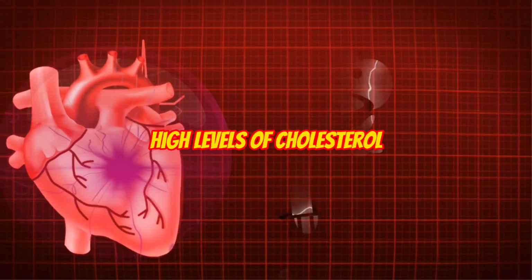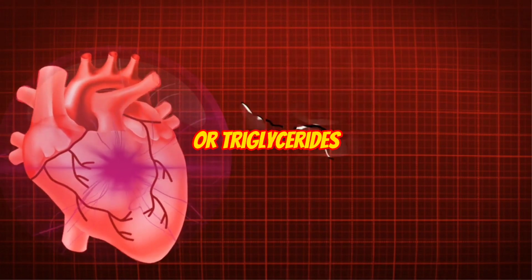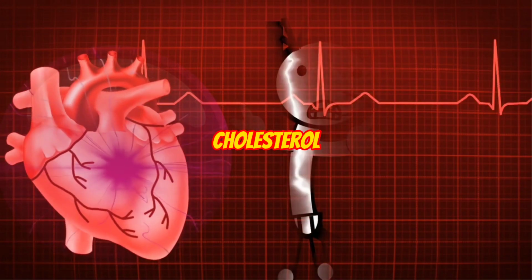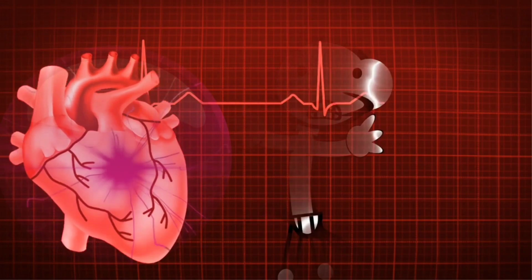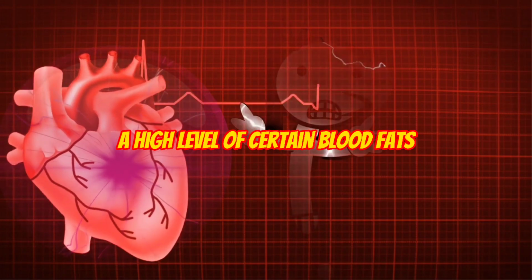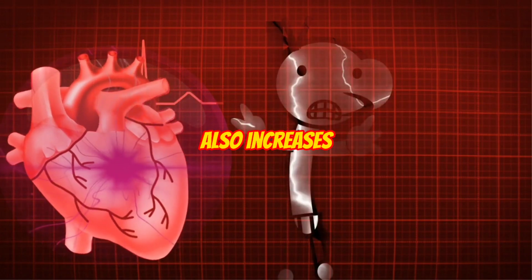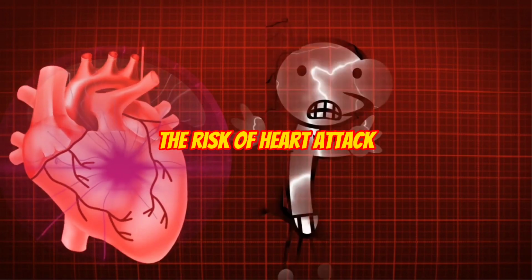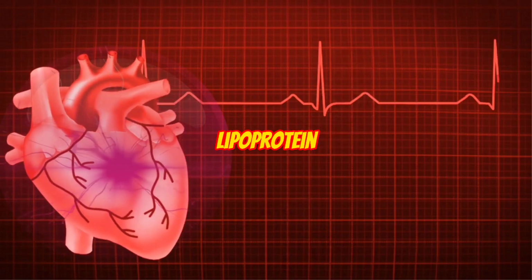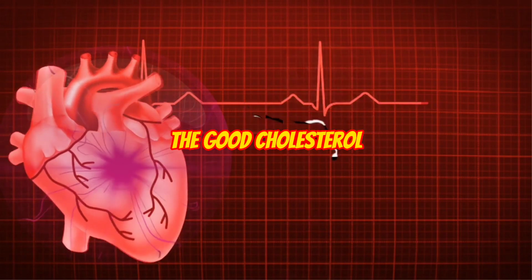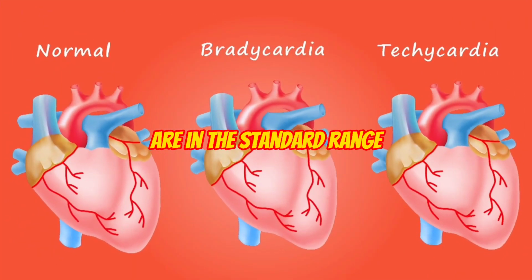High levels of cholesterol or triglycerides. A high level of LDL cholesterol, or bad cholesterol, is likely to narrow your arteries. A high level of certain blood fats called triglycerides also increases the risk of heart attack. The risk of a heart attack may be reduced if levels of high-density lipoprotein cholesterol, the good cholesterol, are in the standard range.